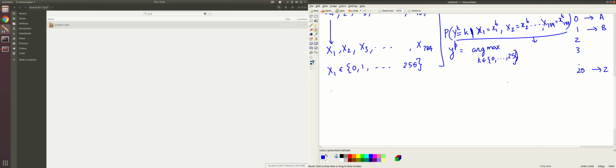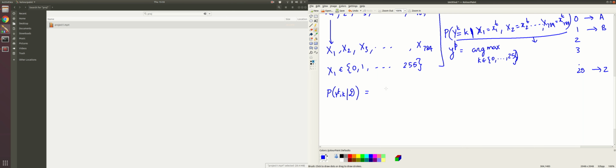So if you look at what we have learned in class, the probability that yt is equal to k given all of this, I don't want to keep writing it, so I will just say given the data D, where x1 is equal to small x1 and so on.